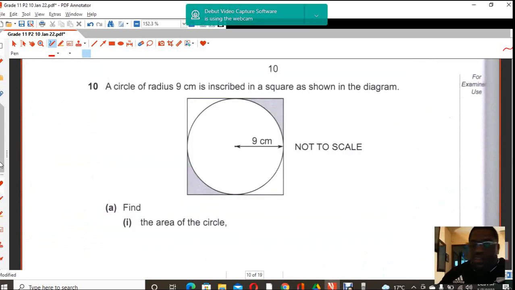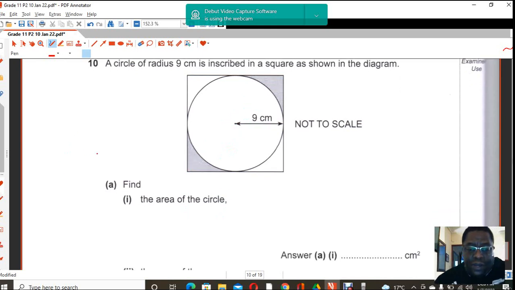All right, welcome back. So I'm starting with question 10. You have got a circle inscribed inside a square. The circle has a radius of 9 centimeters, and it's inscribed in a square. So the area of the circle, to find the area of a circle, you say pi times r squared.